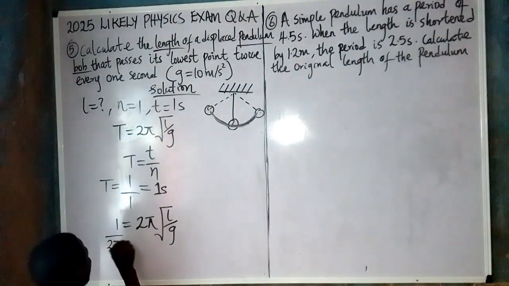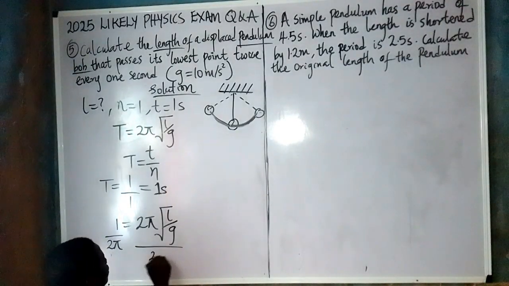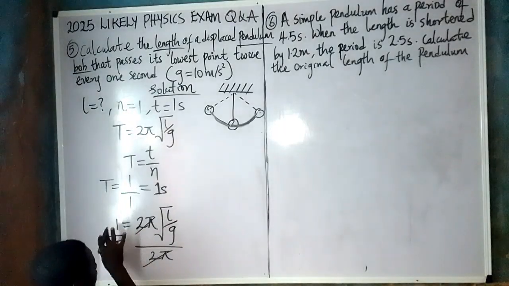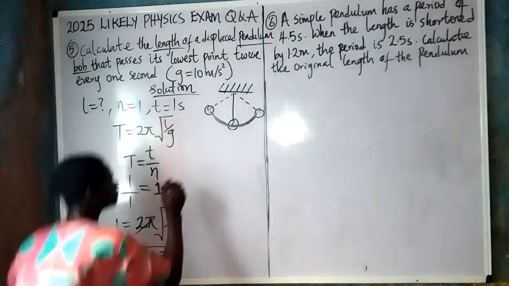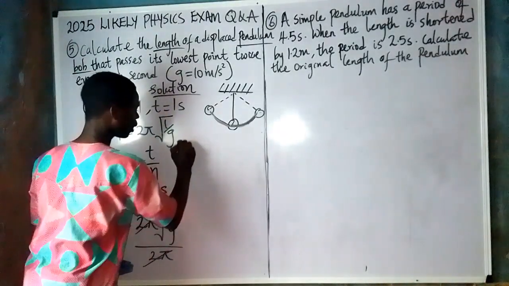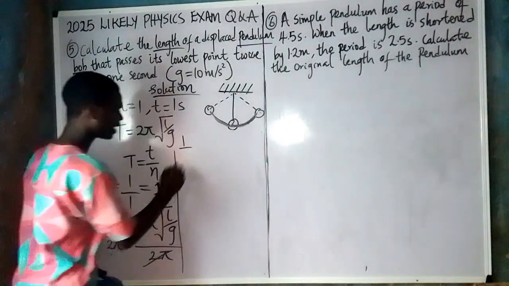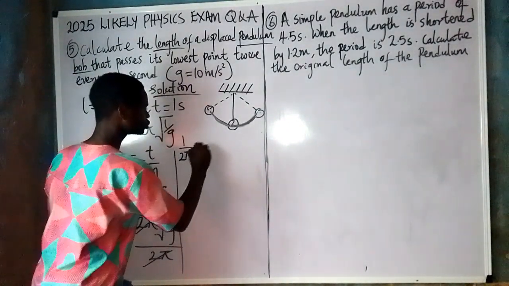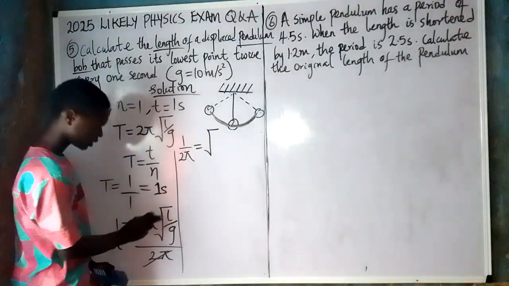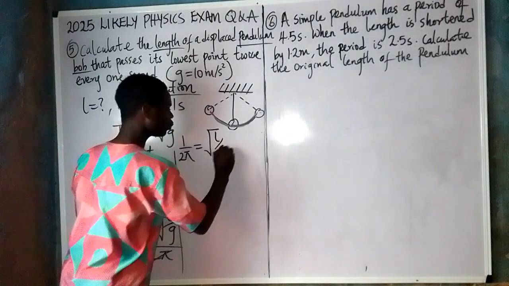Over 2 pi and over 2 pi. The 2 pi cancels 2 pi, then this will be equal to this. So we can now say 1 over 2 pi is equal to root L over g.